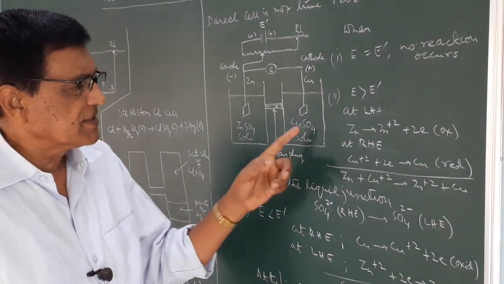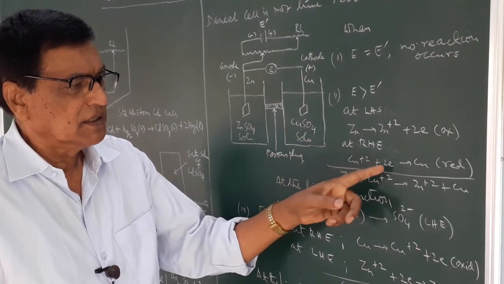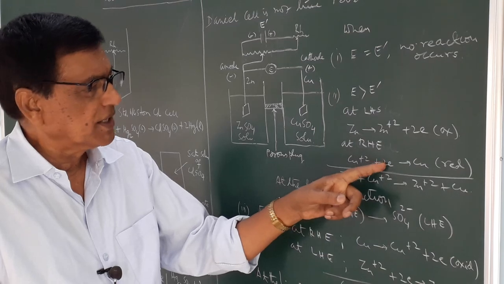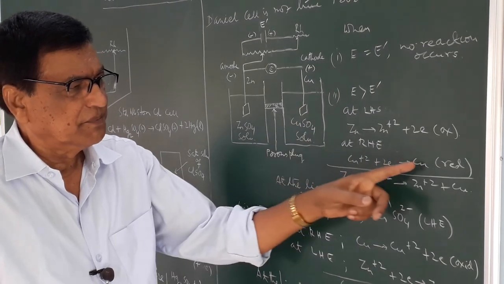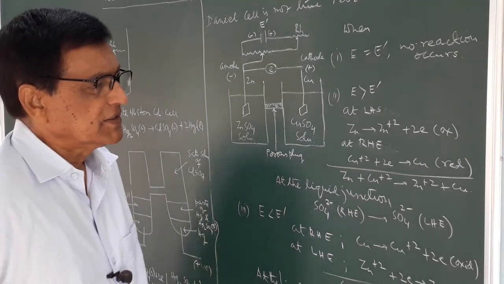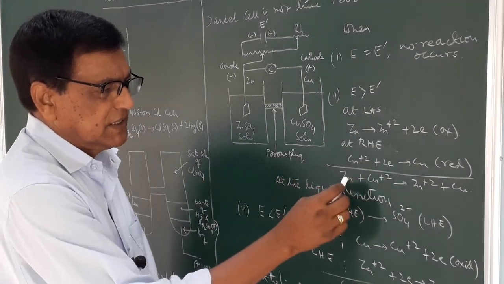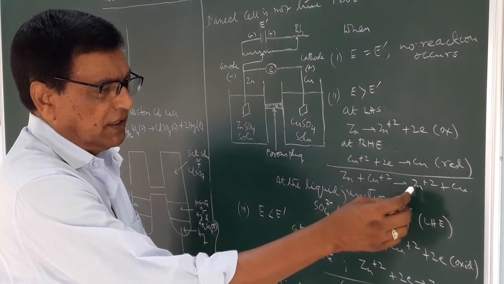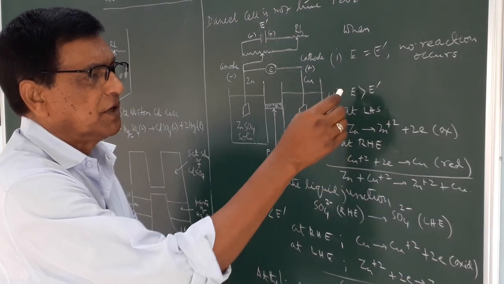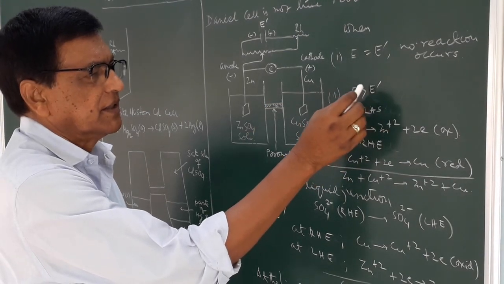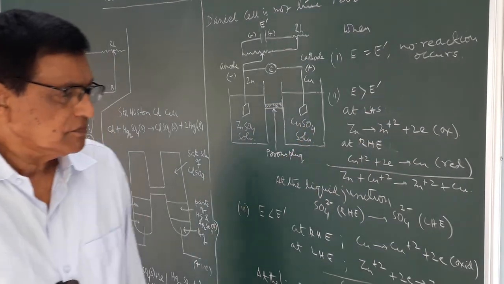And on the right hand side electrode, copper ion takes up the 2 electrons from this electrode, forming copper, reduction. The sum of these two is zinc plus copper ion giving zinc ion and copper, whenever E is greater than E dash.